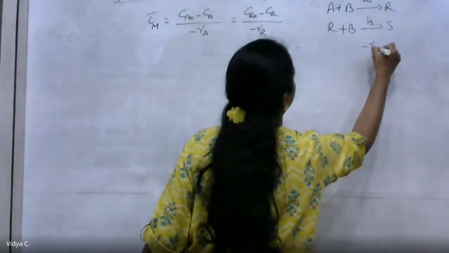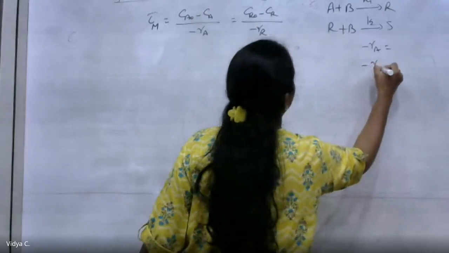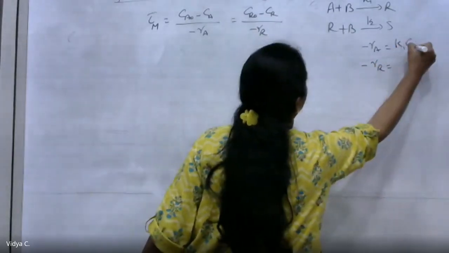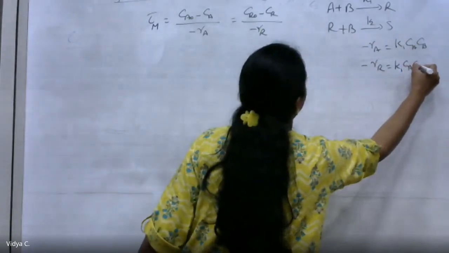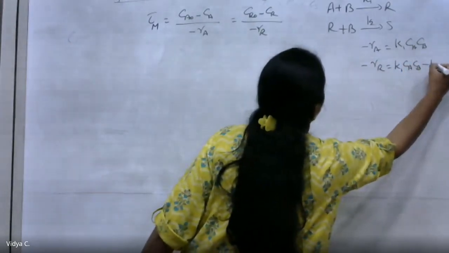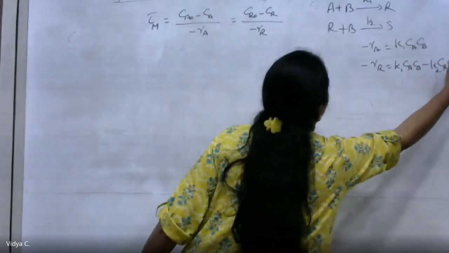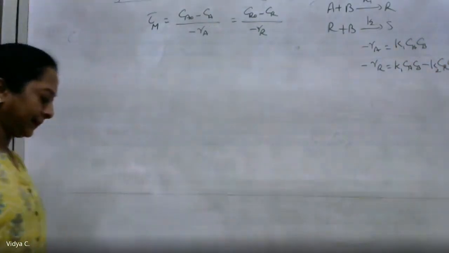When I wrote this, I had written what is minus RA, what is minus RR. K1 CA CB minus K2 CR CB.